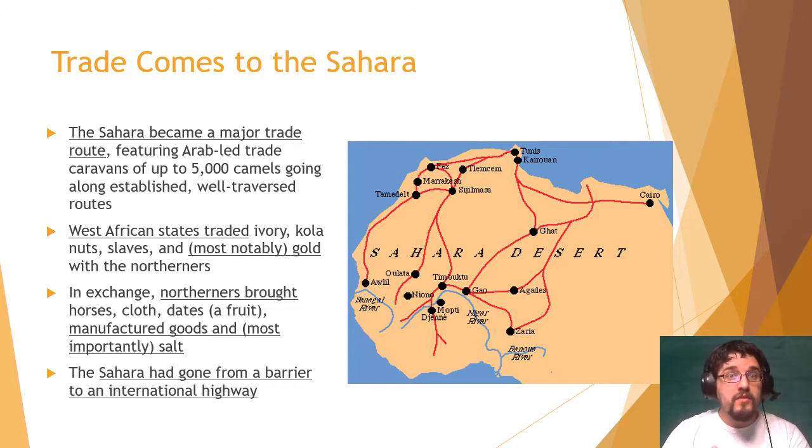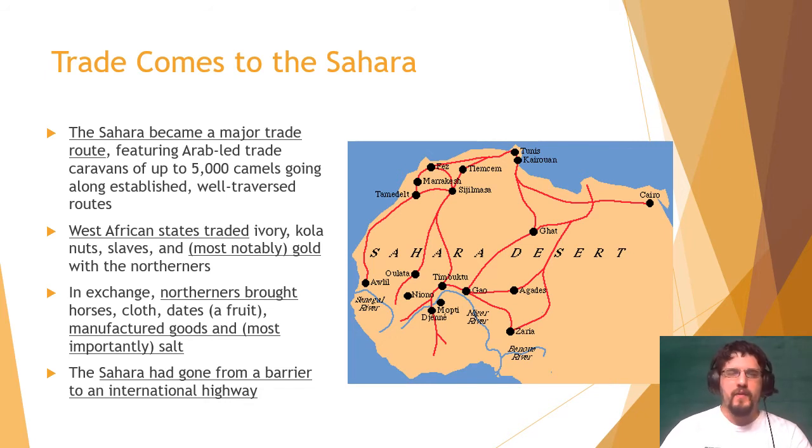But the most notable trade good of West Africa, and this is something that's in your questions again today, the most notable trade good of West Africa in this era is gold. Gold is what brings the people to this region. It's where and how the richest man in the world of this era is going to become the richest man in the world.